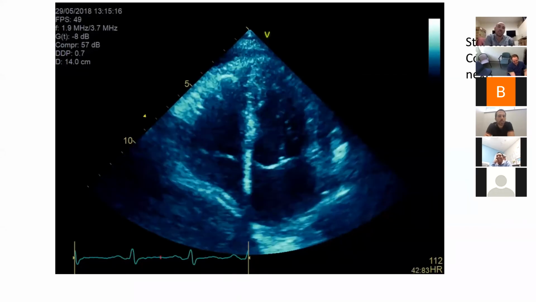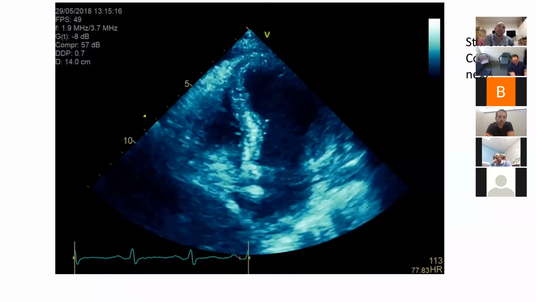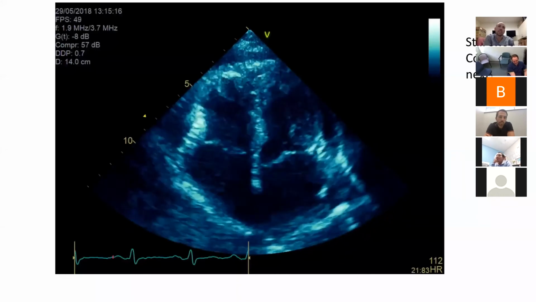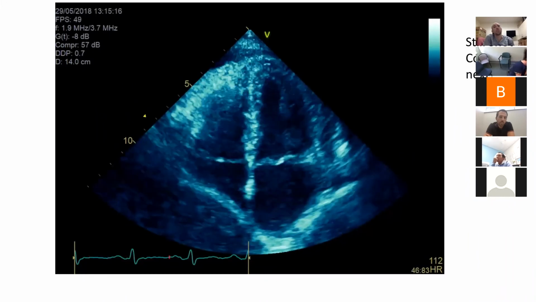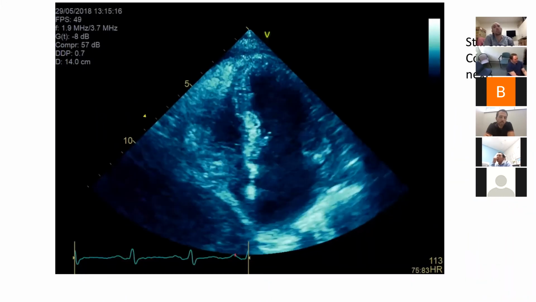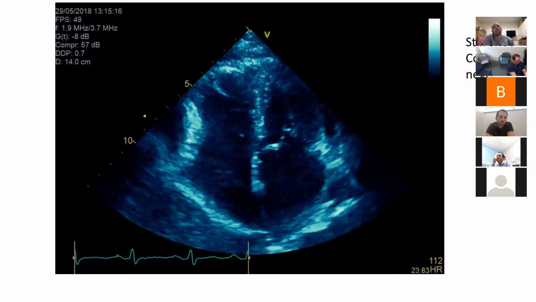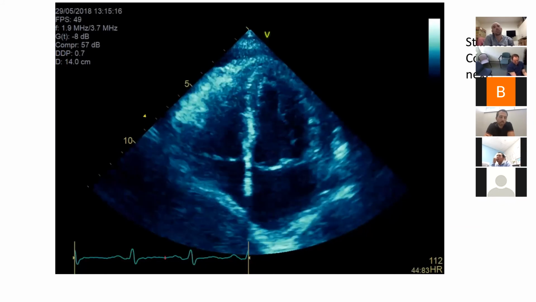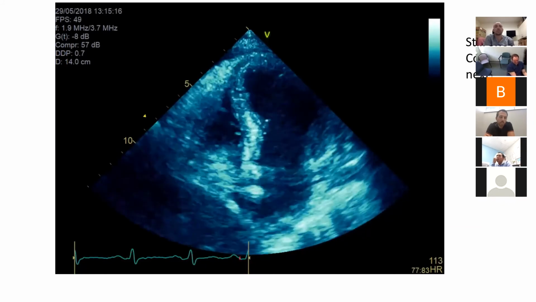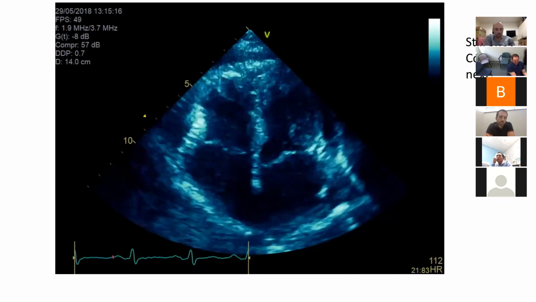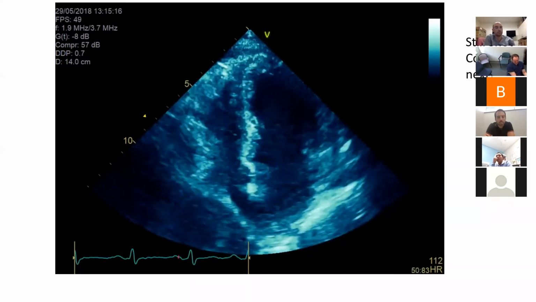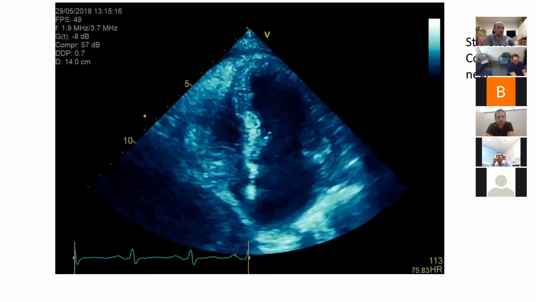Flattening with respiration. And then there's a pericardial effusion, which in some images I can see a little bit behind the left atrium as well. So it might be circumferential, but I would like to fan through and have a look at that. Okay.